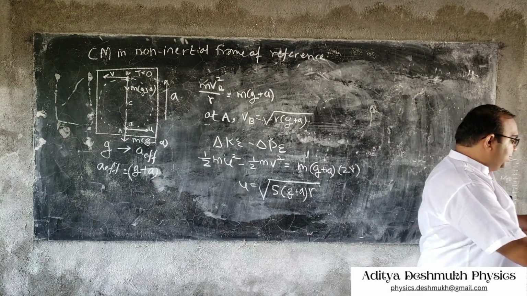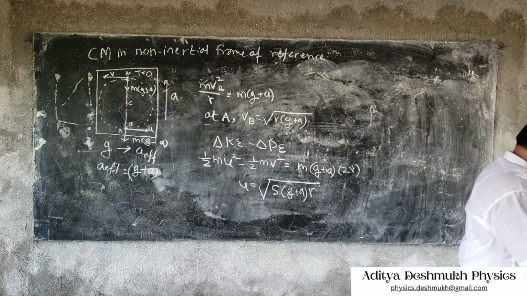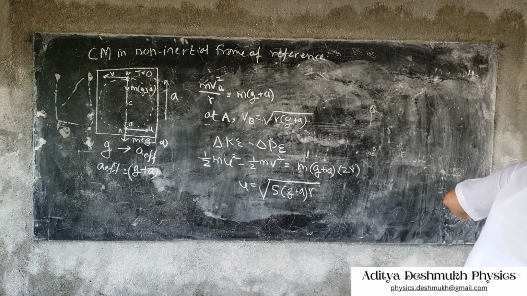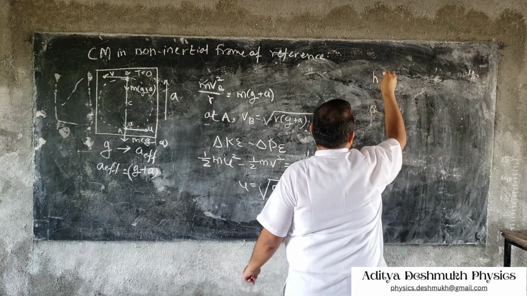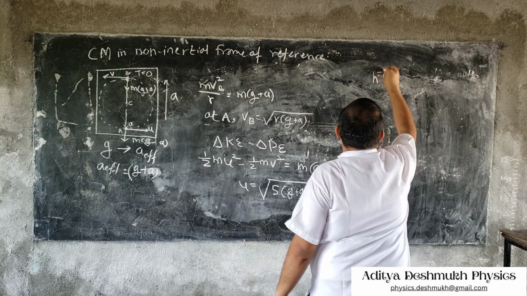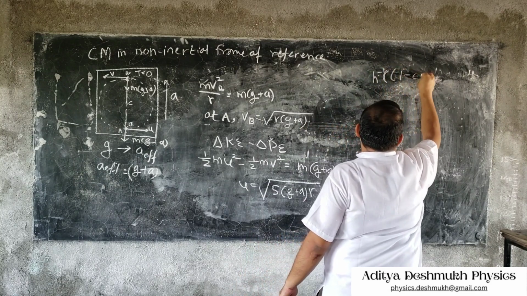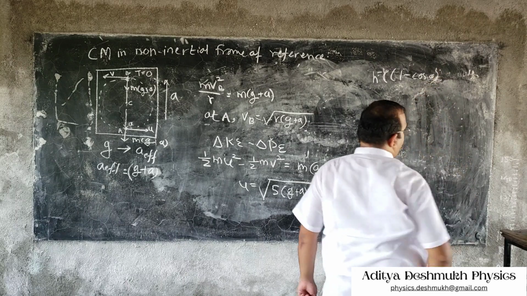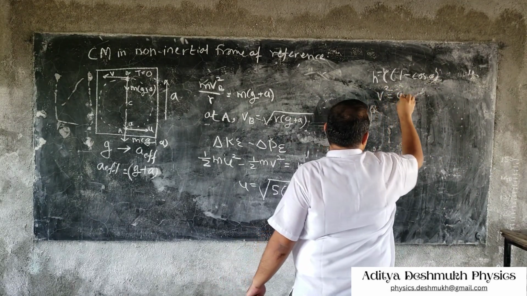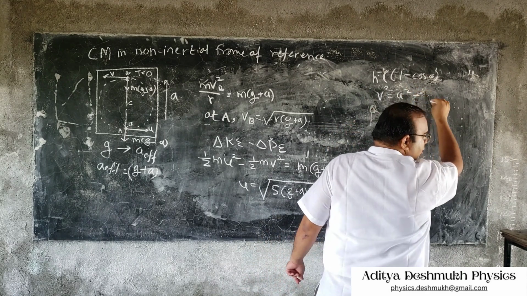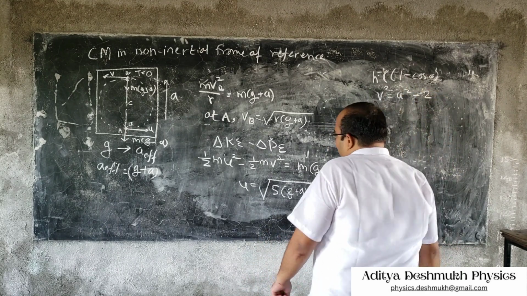H will stay the same. For generalized, H will be equal to R into 1 minus cos theta. Our v square was u square minus 2gh.